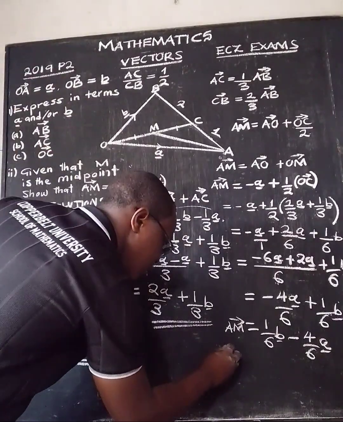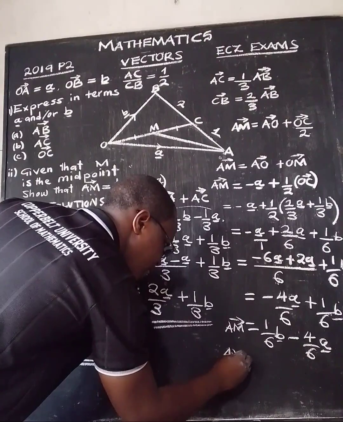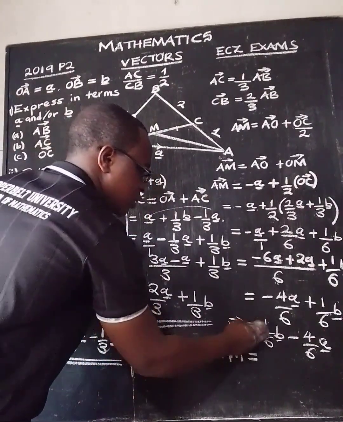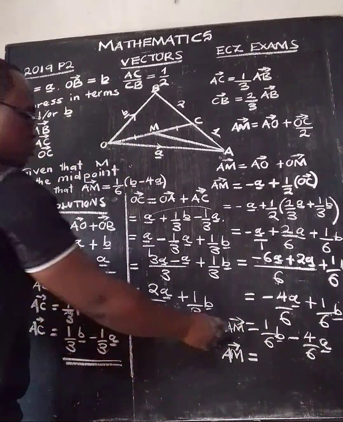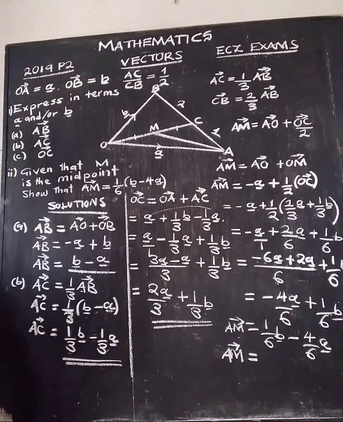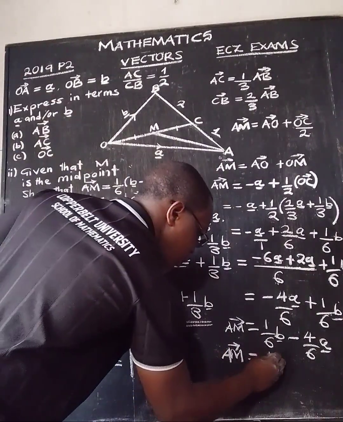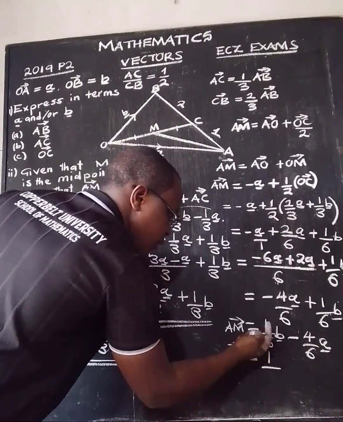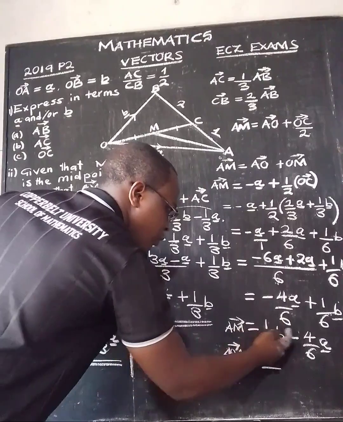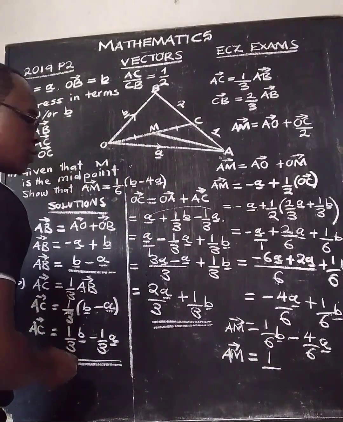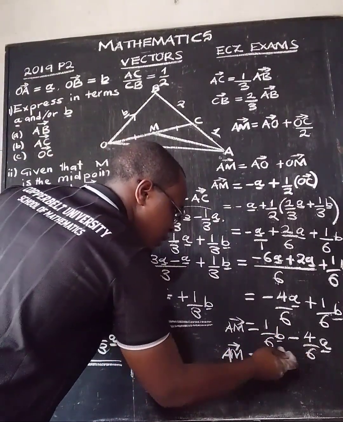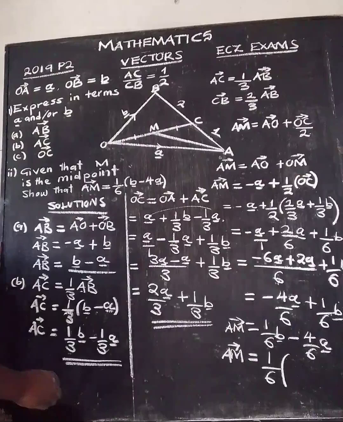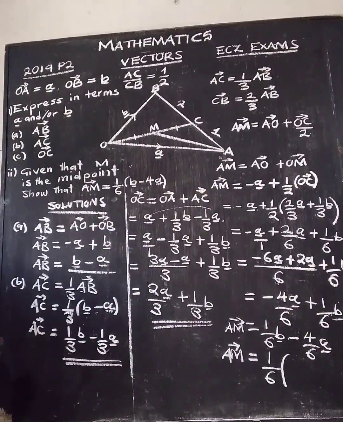So we can now say AM is equal to, what is common here? 1 is common on the numerator. On the denominator, what is common? Because 1 can go into 1 and it can also go into 4. Then 6 is also common. Then you can now open the brackets.